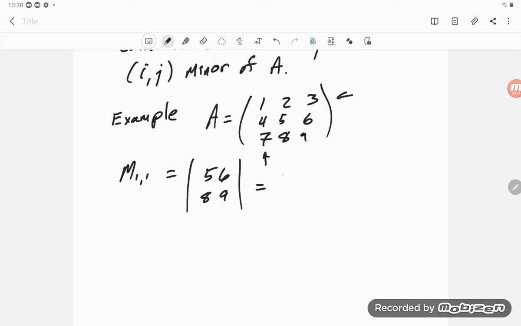And so that's equal to 45 minus 48, which is negative 3.